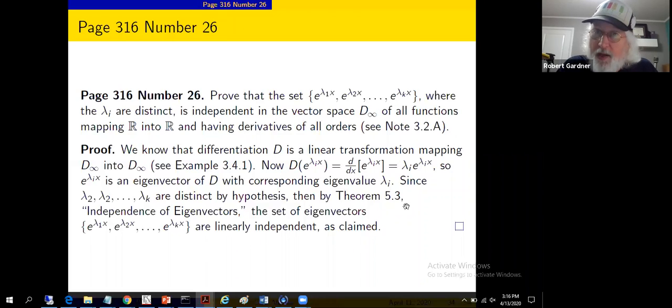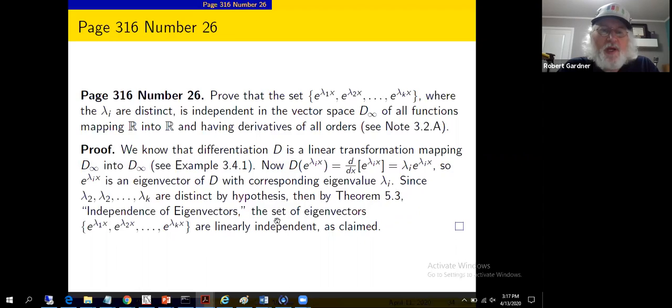A much more complicated way would be take a linear combination, set it equal to 0, and show all the coefficients must be 0. Well, here's a slicker way of doing it, which takes advantage of properties of eigenvalues, just as long as we use the right linear transformation of differentiation. Of course, this was designed with that in mind.